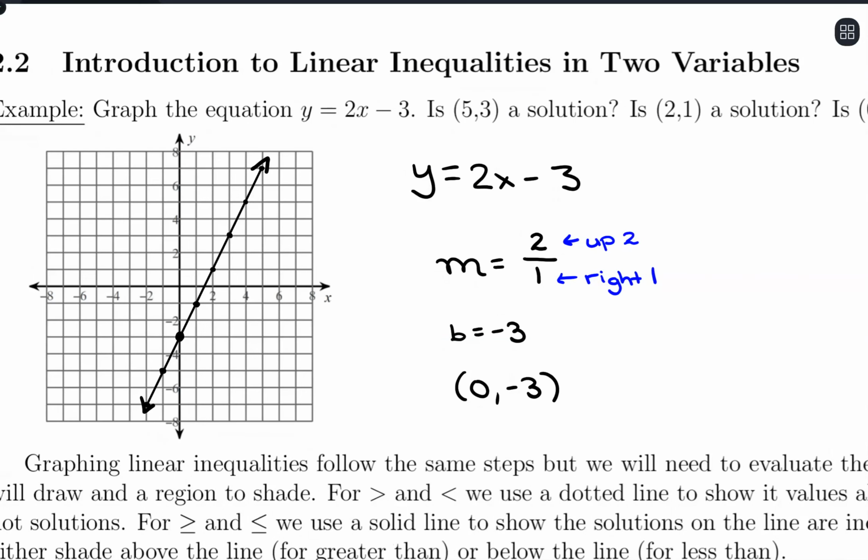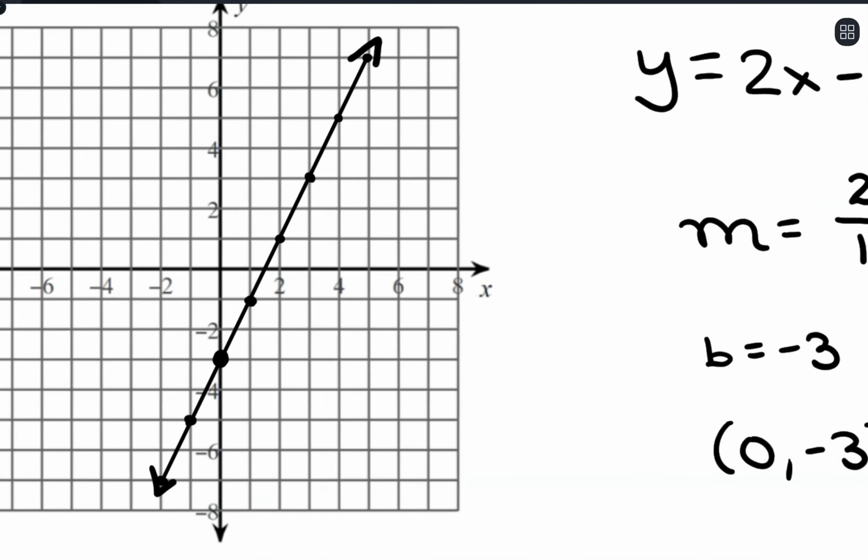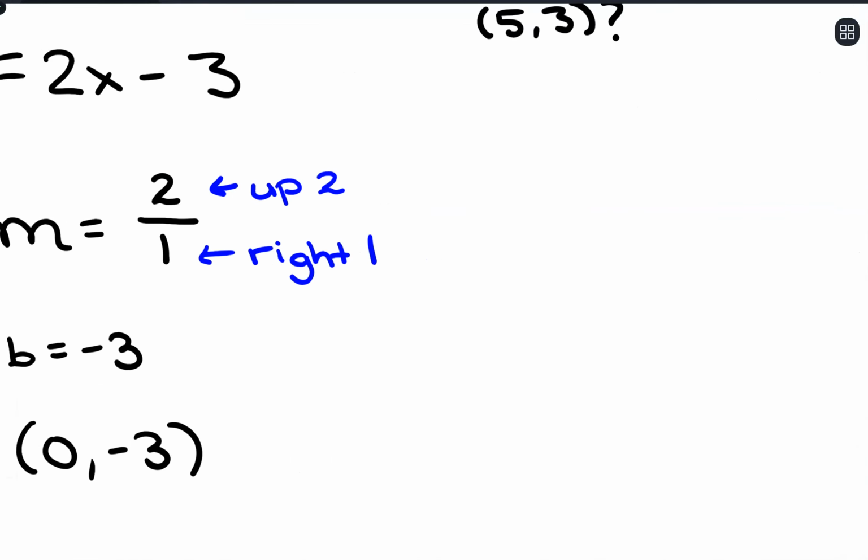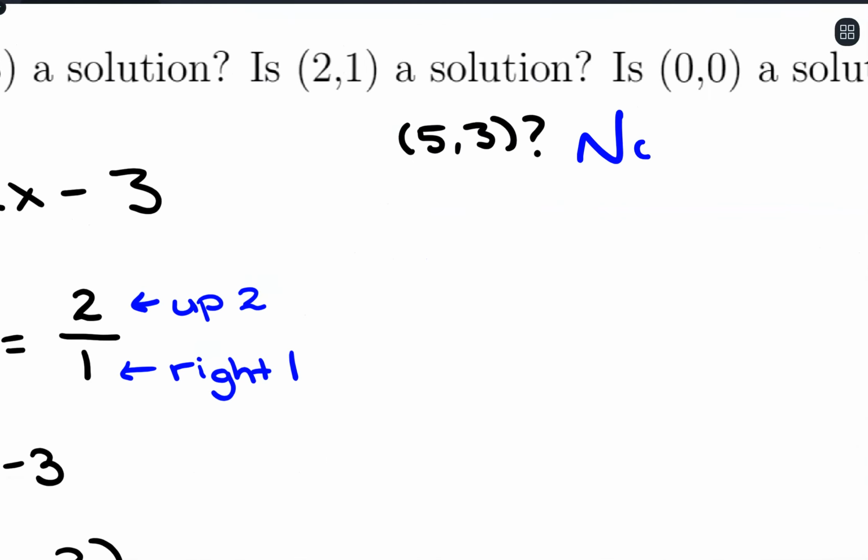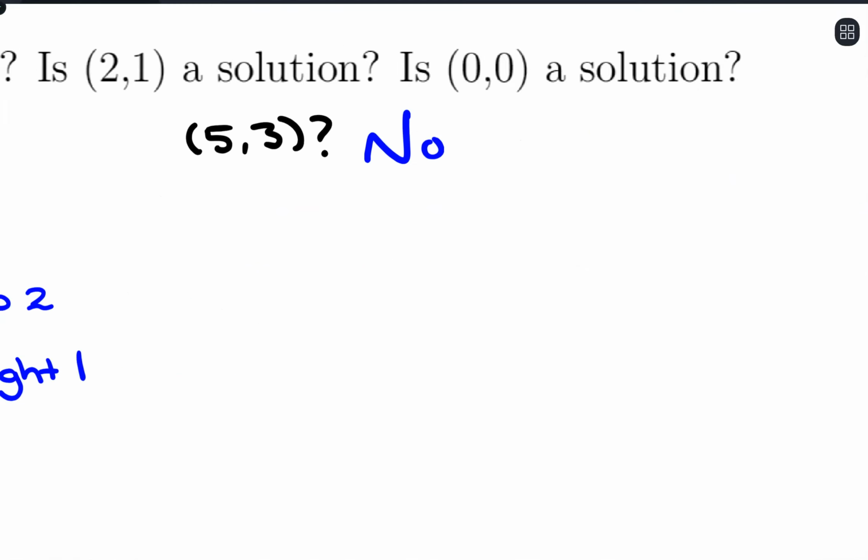So if we wanted to check solutions, like is (5, 3) a solution? What we would do is go look at the coordinate (5, 3). So let's see, 4, 5, 3. That is not landing on the line, so that would be not a solution. So no. Is (0, 0) a solution?